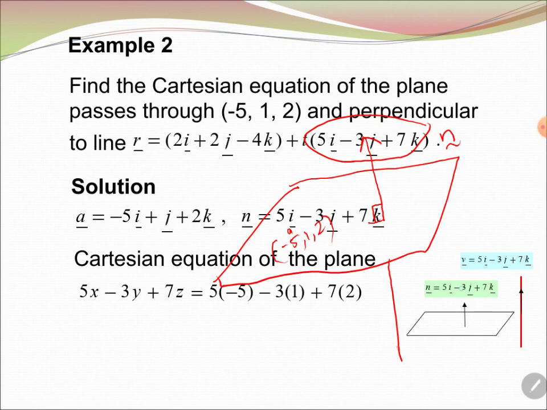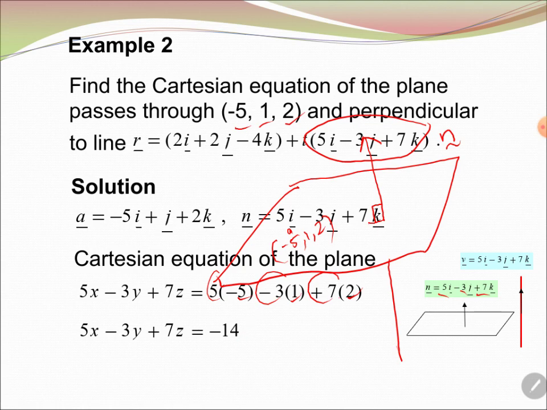The values from the normal, which are 5, -3 and +7. On the right side we have a1a + a2b + a3c. So a is -5, 1, 2, and n is 5, -3, 7. Calculate the right side to get the value of d, which is equal to -14.